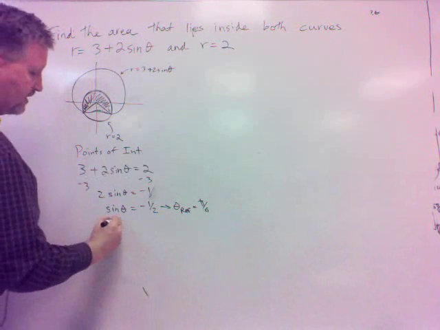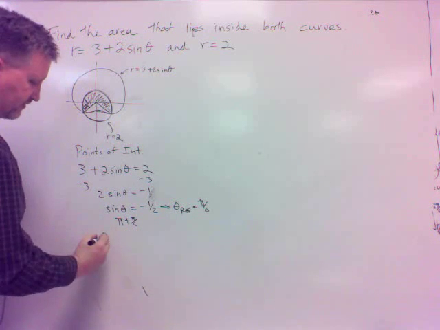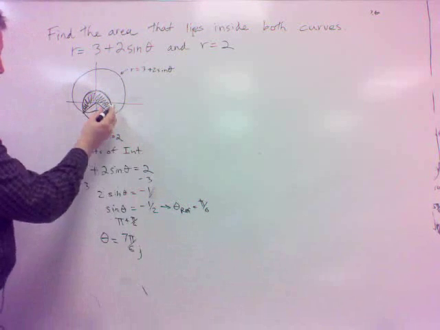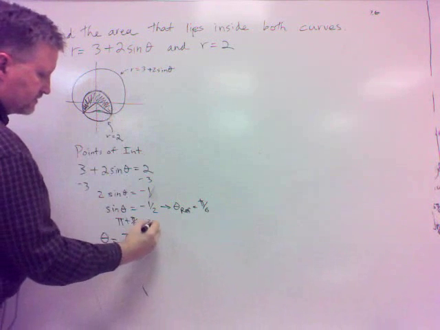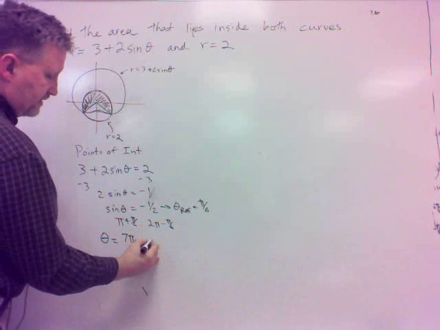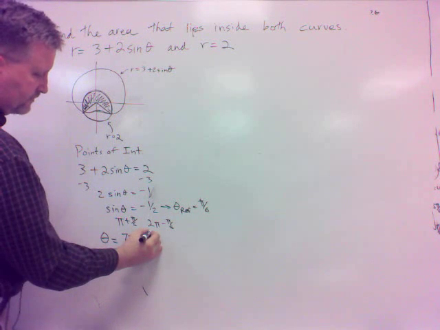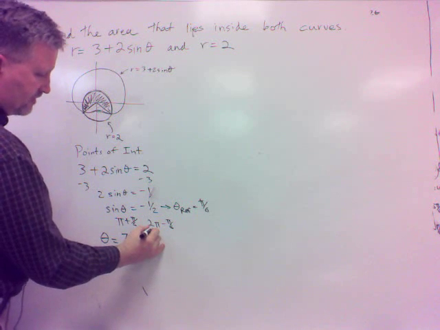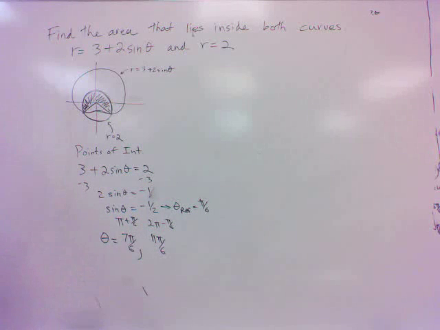Sorry, my math's a little off here. And then if I went, again, 0 to 2 pi, this would be 2 pi minus pi over 6, which would be 12 pi over 6 minus pi over 6, so it'll be 11 pi over 6. Okay? If I want 0 to 2 pi.